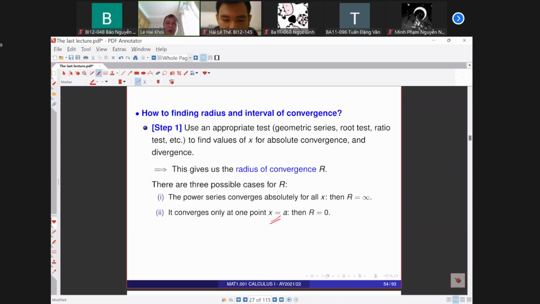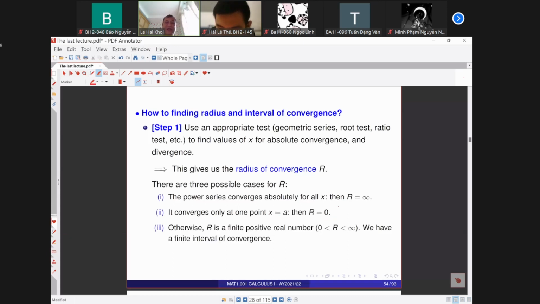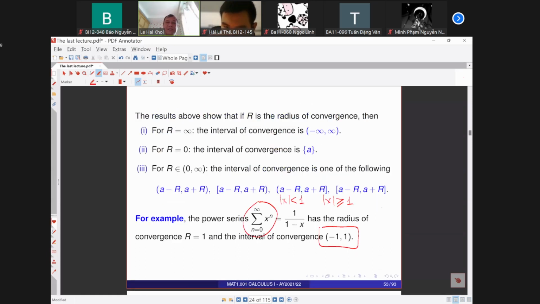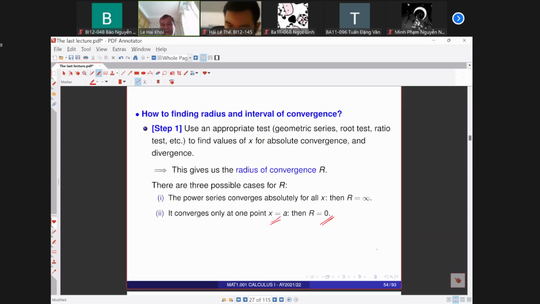At only one point, you have case 2. And for the other, the third case, there is a positive number, then you have a finite interval of convergence. One interval of convergence, right? Remember, it is one of these four cases. So after finding R, you have these things, okay?